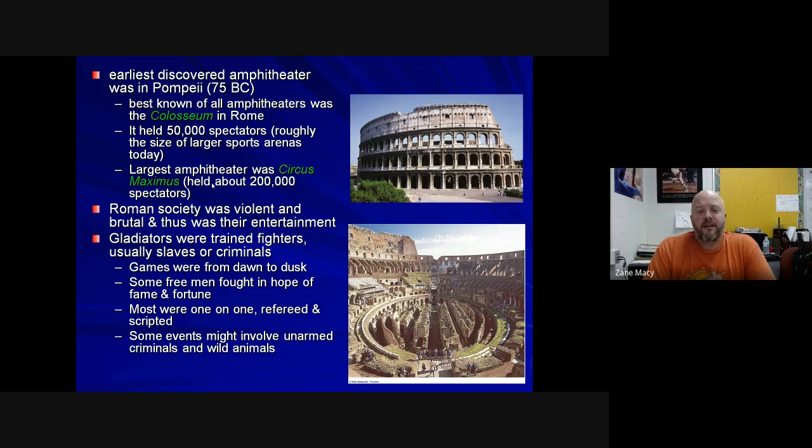Like I said, the gladiator games tended to be from dawn till dusk. Sometimes during these festivals, matches might go on for days at a time. Other times it would be an announced event that, in 2 weeks, it would be promoted throughout the streets in Rome. In 2 weeks, gladiators from all over the empire are going to come to Rome and watch.